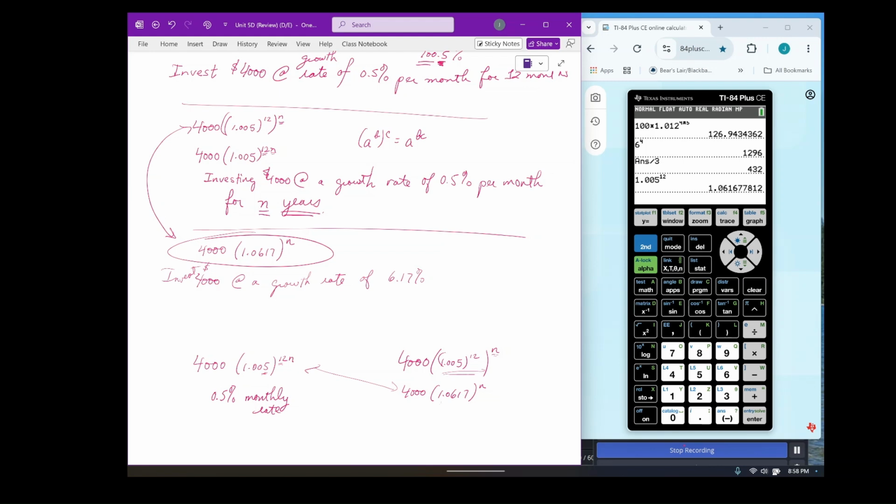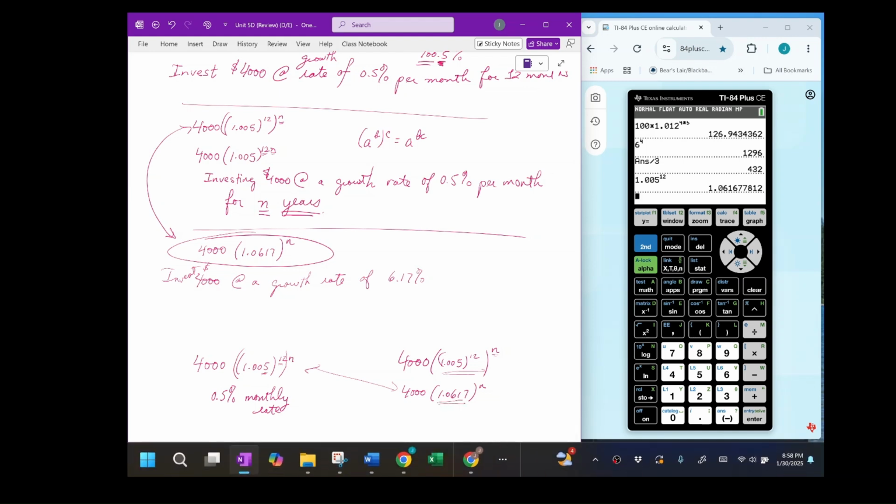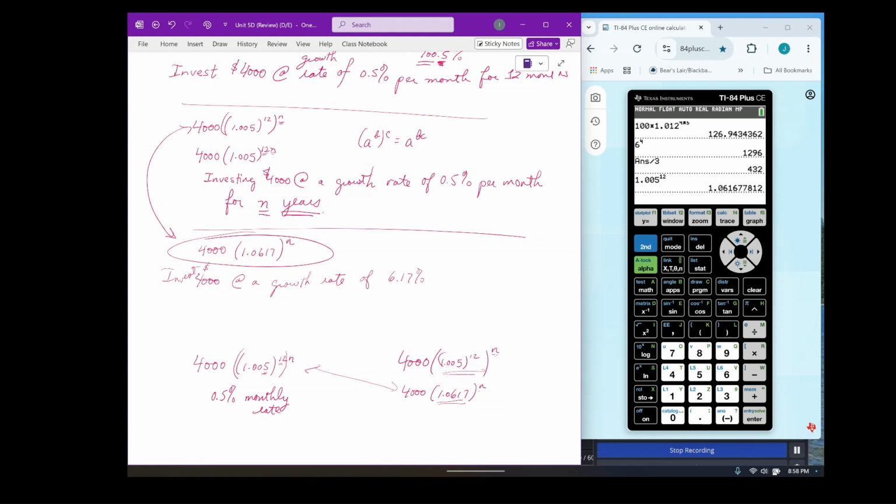But this right here, I've taken that 1.005 to the 12th and turned it into its own number. And that number is now raised to the number of years. So this is kind of like I've created a new yearly formula for myself, and this is the rate that goes with that yearly formula. So the yearly rate is 6.17%.